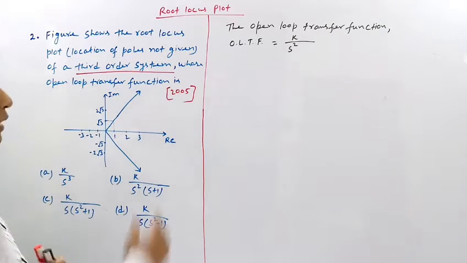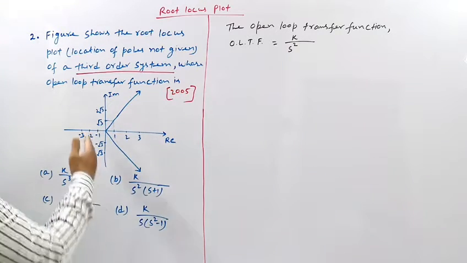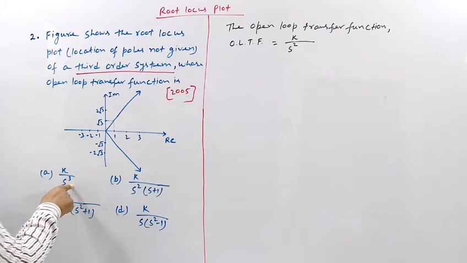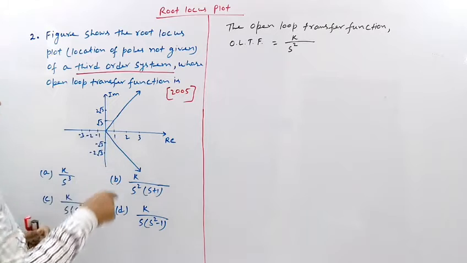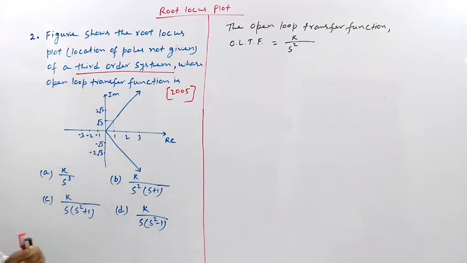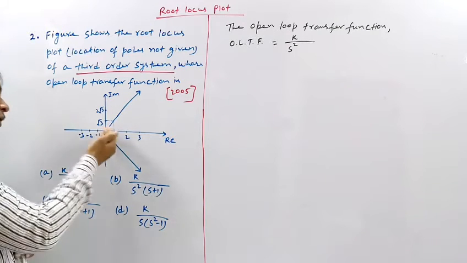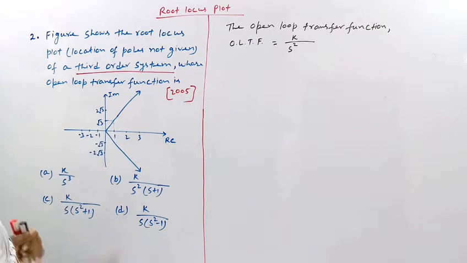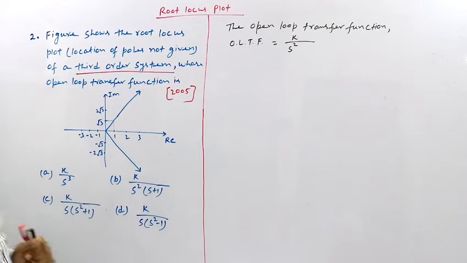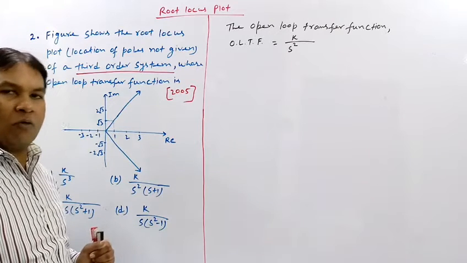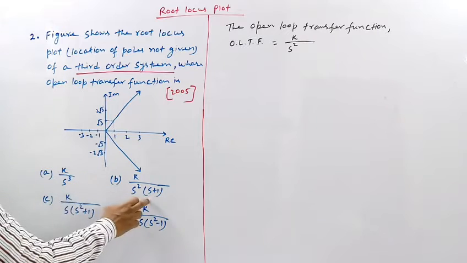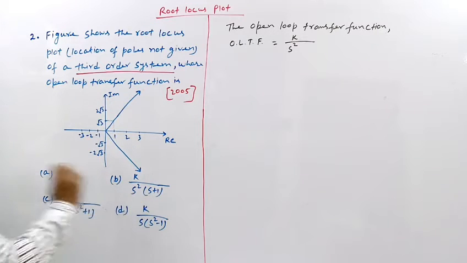Why I am saying this line, I will tell later on. And if this is correct, then the third pole must also be at s equal to 0, and it should also go in this direction, which means at an angle theta equal to minus 180 degree. So let us see which one of the two options A and B is correct.